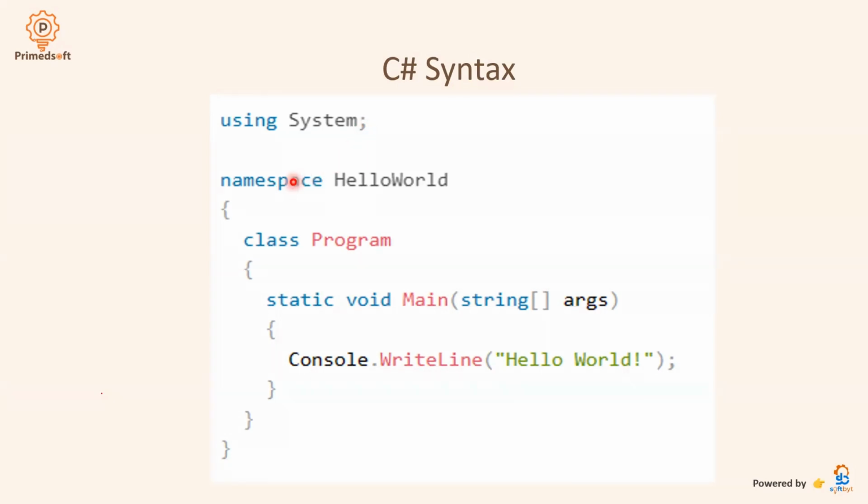Okay. So now we'll come to the namespace. What is namespace used for? Namespace is used to organize, not recognize, your code, and it is a container for classes and other namespaces.